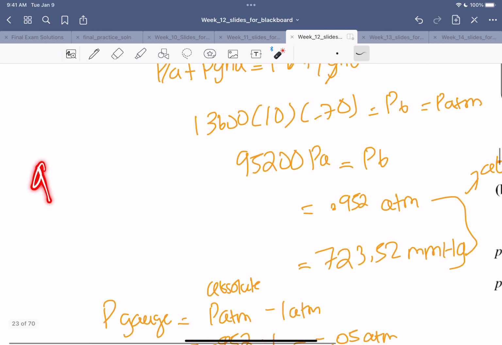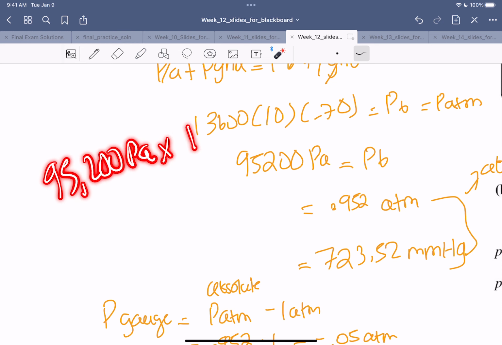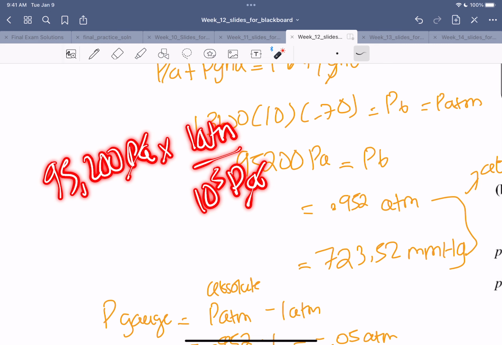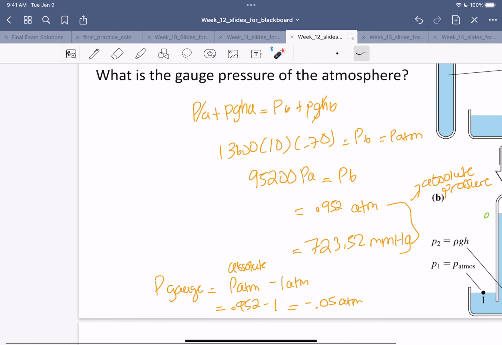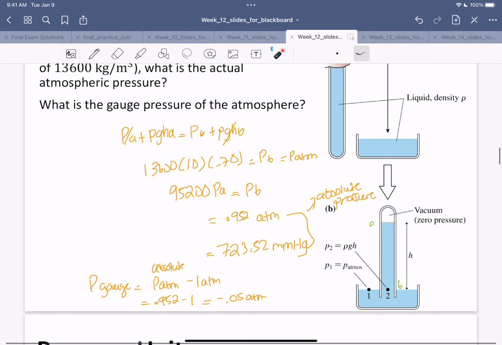So if we just take 95,200 pascals times 1 atmosphere per 10 to the 5th pascals, pascals cancel out with pascals, and you get 0.952 atmospheres. Obviously, the atmospheric pressure is 1 atmosphere, so you can see there's a little bit of variation in real life. If we wanted to convert it to gauge pressure, we would take the absolute pressure that we figured out minus the atmospheric.